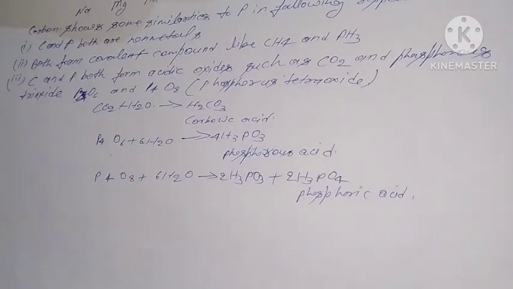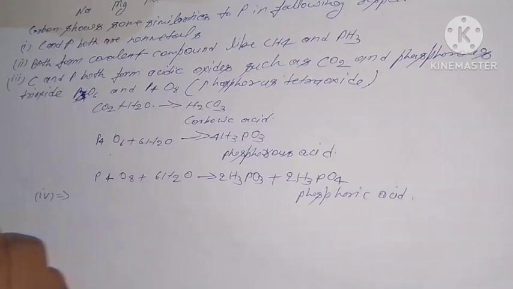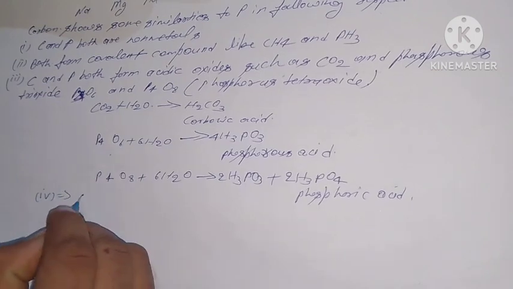Fourth point. Carbon and phosphorus both show allotropy.